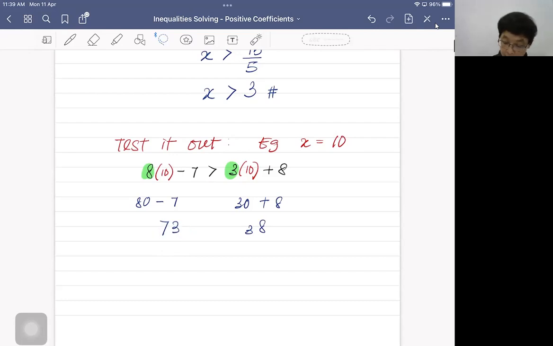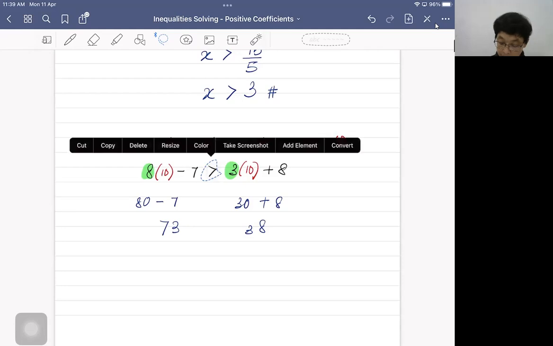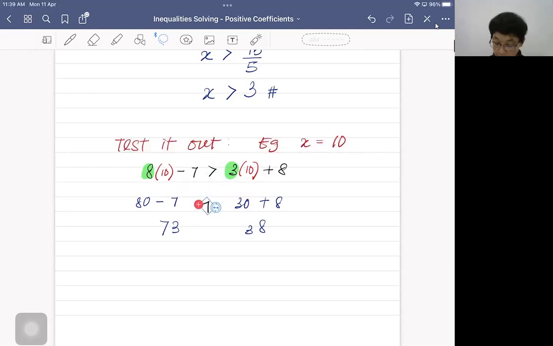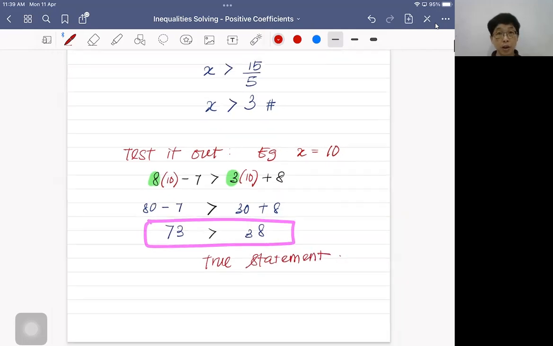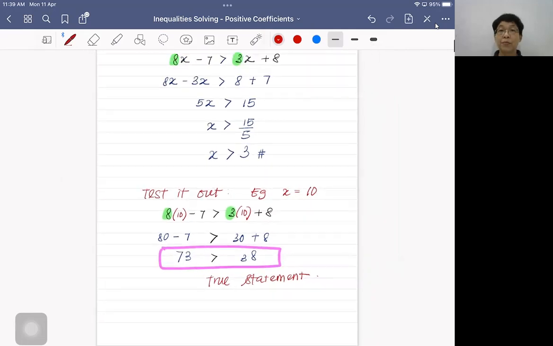If we copy paste the inequality, yes, you notice that you have concluded to the right and true statement. Awesome. Yes, you got a true statement, and it confirms your solution method is safe and true, and the answers that you get from this method will surely guarantee a full mark.